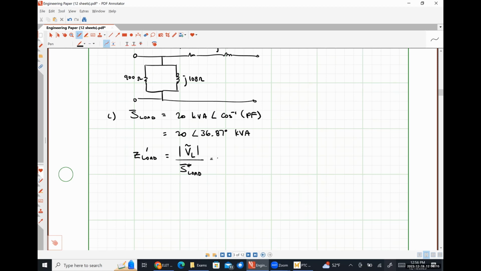So that's going to look like 8,000 volts RMS squared divided by 20,000, so that I'm in volt amperes, angle 36.87 degrees.